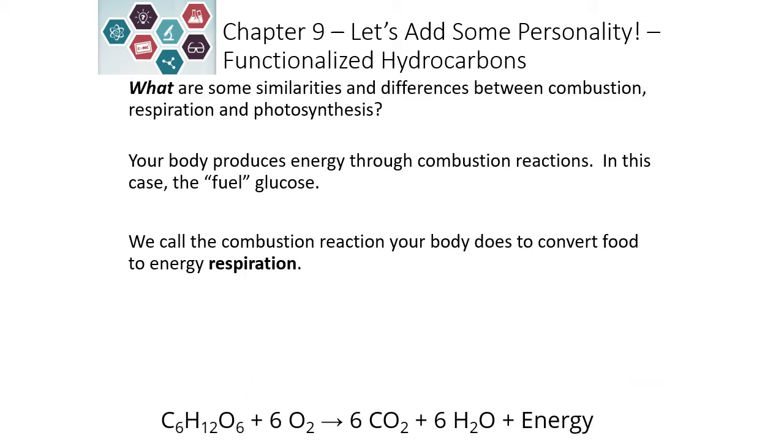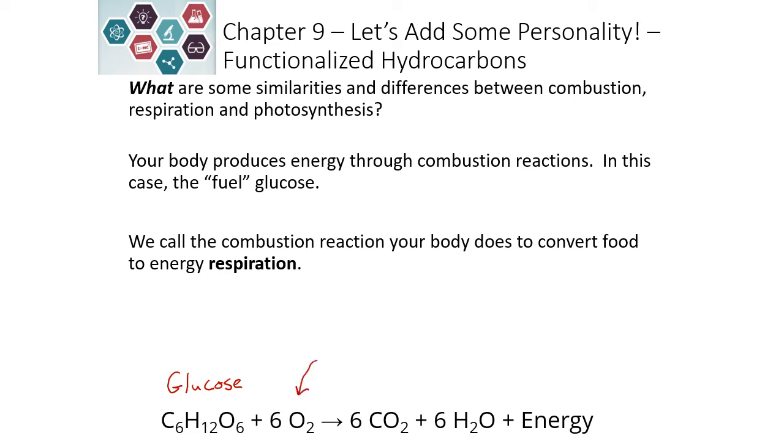So our body, the way that it uses the calories and produces the energy is through combustion reactions. We're going to look at the example where our fuel is glucose. Okay, remember that our combustion reactions are composed of a fuel source. So in the past we've looked at hydrocarbons and oxygen, so O2.